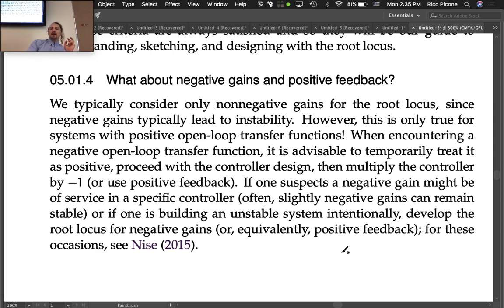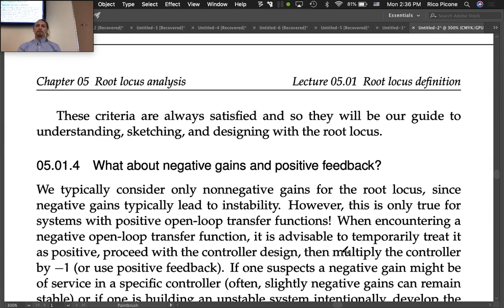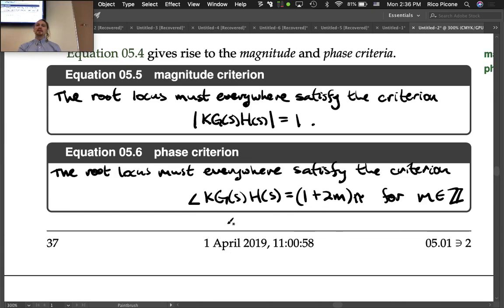For these occasions, see the Nice textbook. In lecture 5.2 we're going to develop all these rules assuming positive gain. There are similar rules for negative gain, but they're all flipped, the reverse of all of these rules.